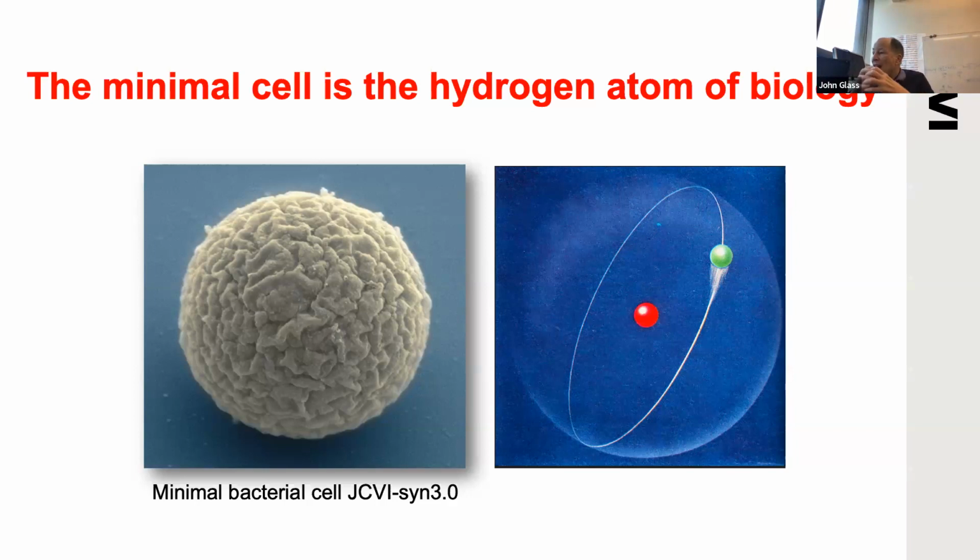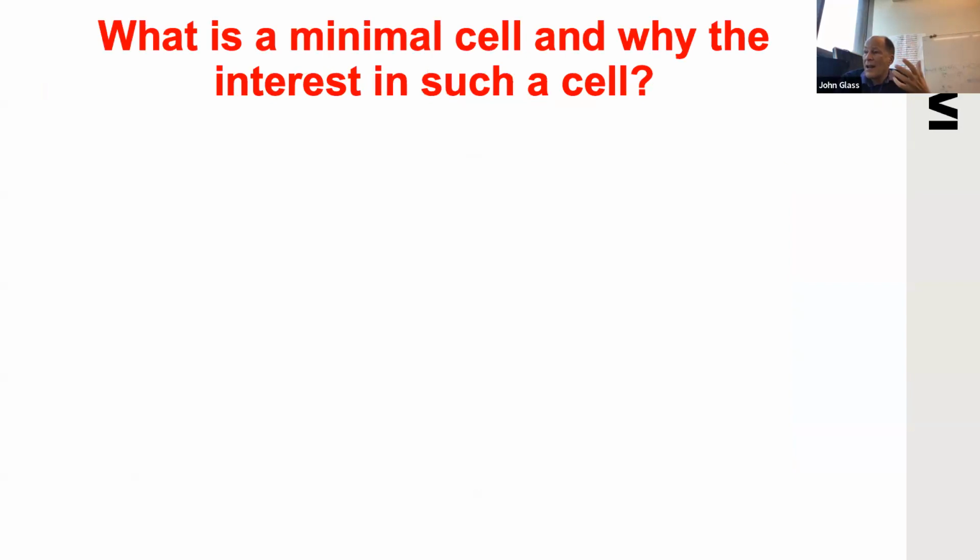And their rationale is that what is true for hydrogen is probably also true for helium and uranium and lead, etc. So we believe that the minimal bacterial cell, JCVI Syn 3.0 or Syn 3.0, as I'll explain in a moment, can be the hydrogen atom of biology.